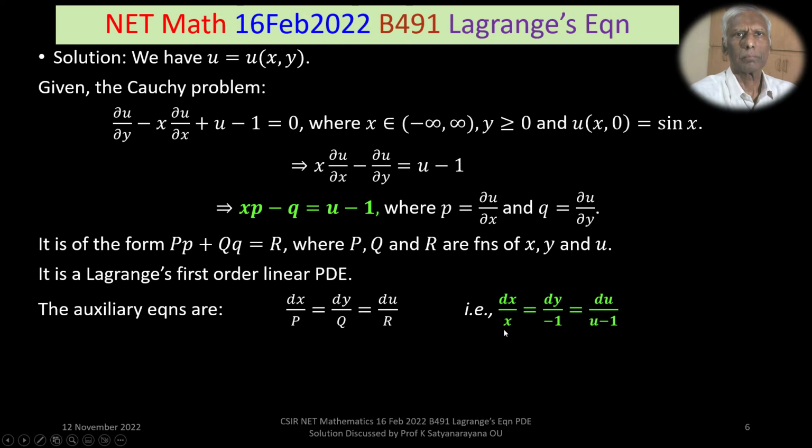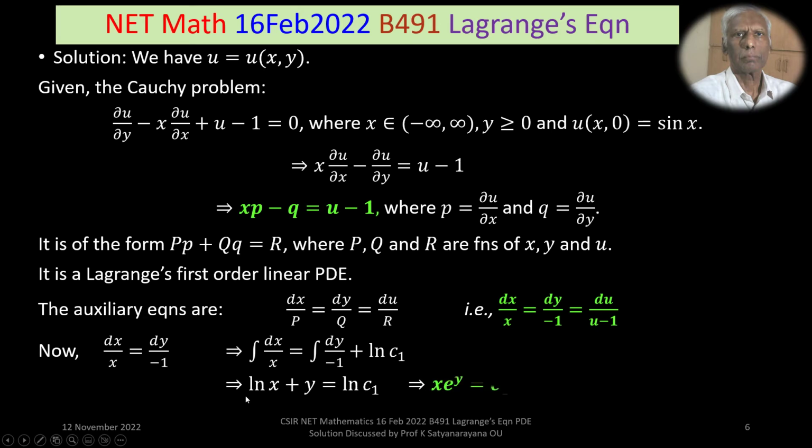We first take the first two ratios. Now dx by x is equal to dy by minus 1, and integral dx by x is equal to integral dy by minus 1 plus ln c1, where c1 is the constant of integration.